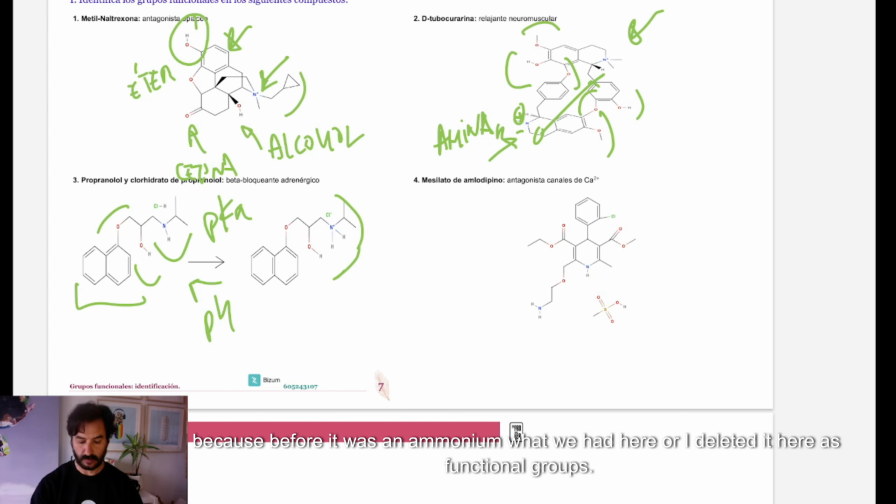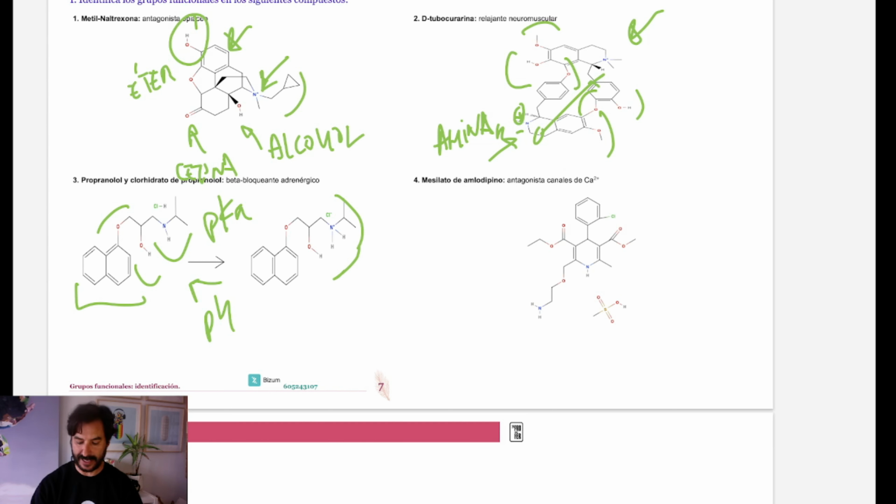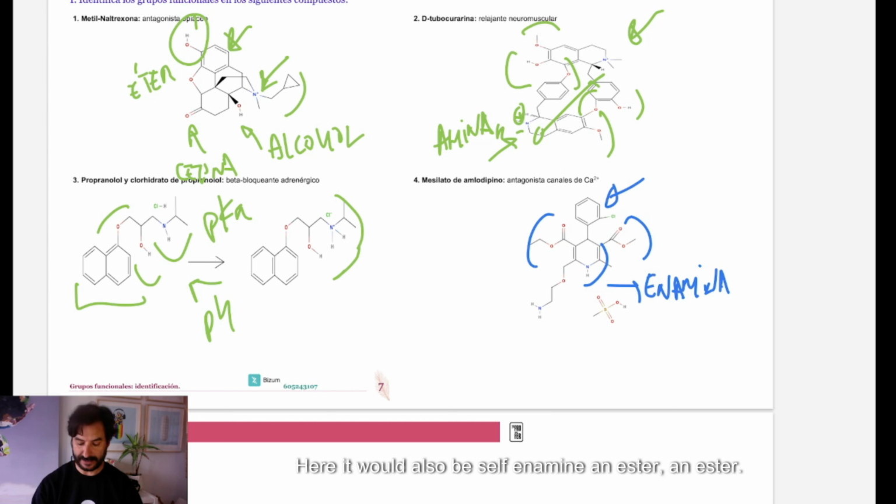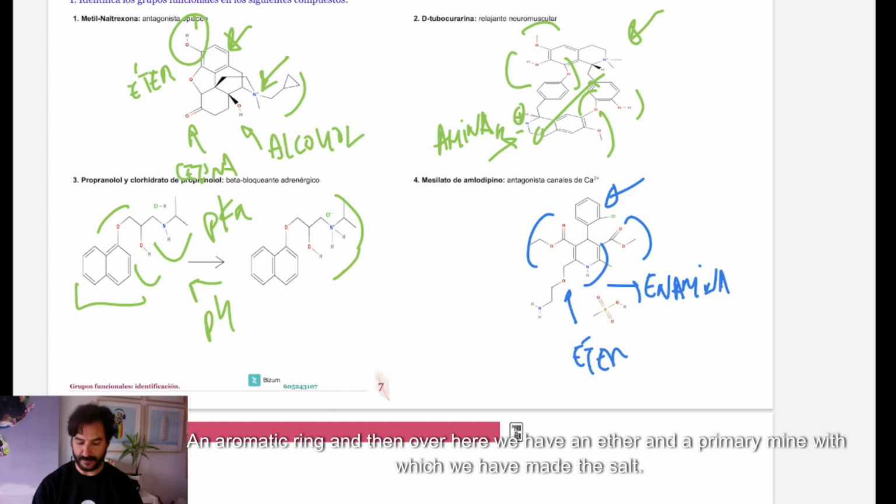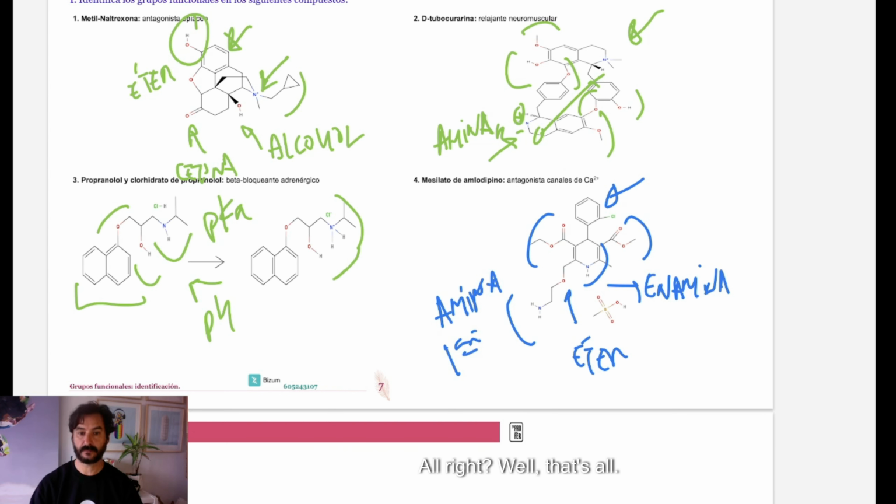Careful, because before it was an ammonium, what we had here, or I deleted it here, as functional groups. What would we have? Well, as functional groups, we would have an amine, but it is conjugated with a double bond. This system is called enamine. Here it would also be an enamine, and an ester. An aromatic ring, and then over here we have an ether and a primary amine with which we have made the salt. Alright?